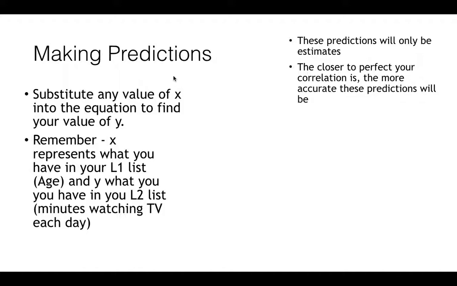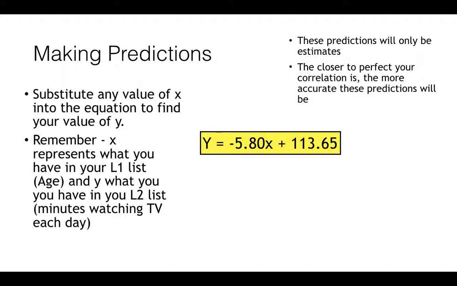Now obviously when we do this, these are just estimations, they're predictions. If you have only a moderate correlation, these predictions aren't going to be very accurate. But the closer to perfect you get, the better these predictions are going to be.